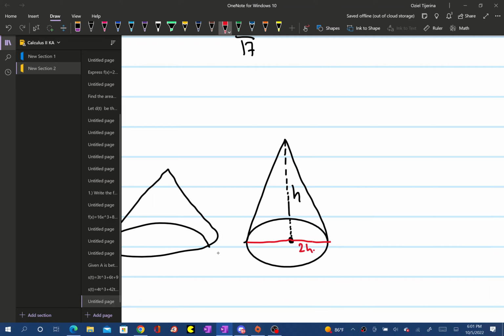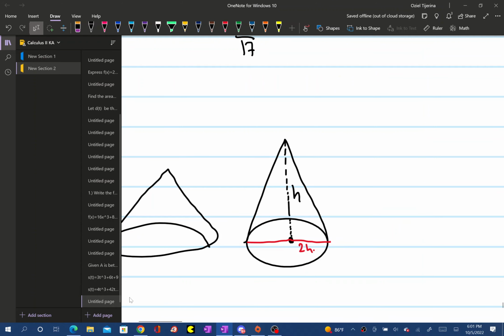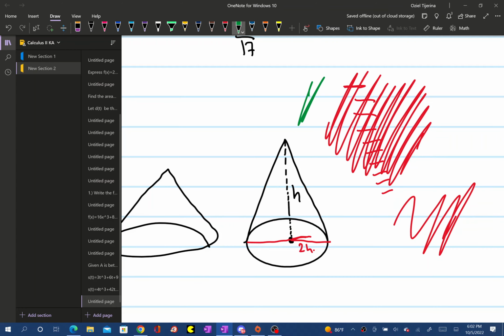And then it says, what is the surface area in terms of h? So, meaning that the radius of this, hold on. Okay, meaning that this part is h, and it wants to give the surface area.